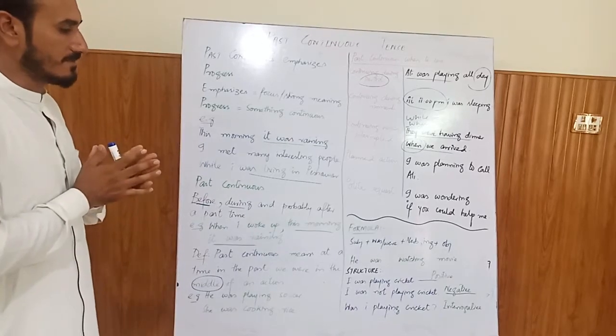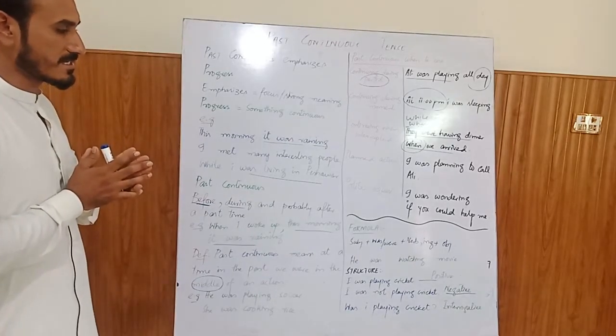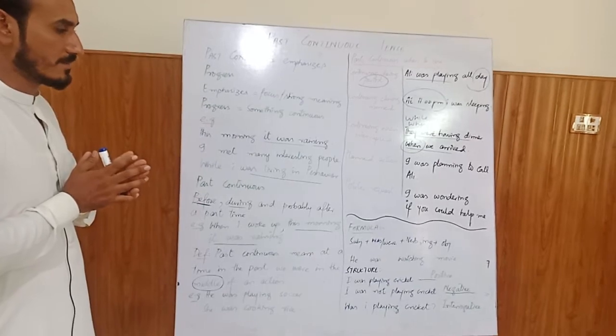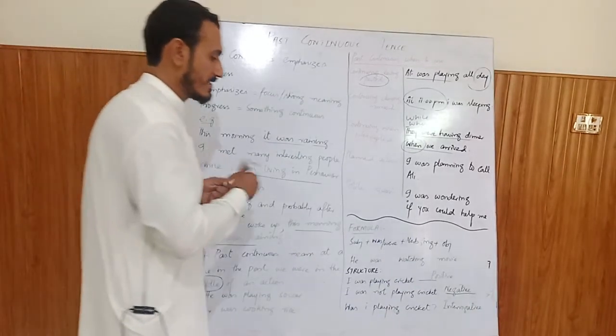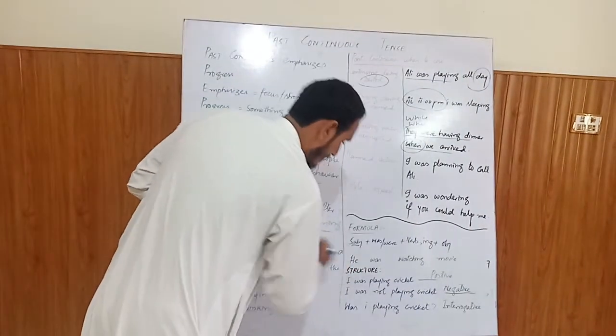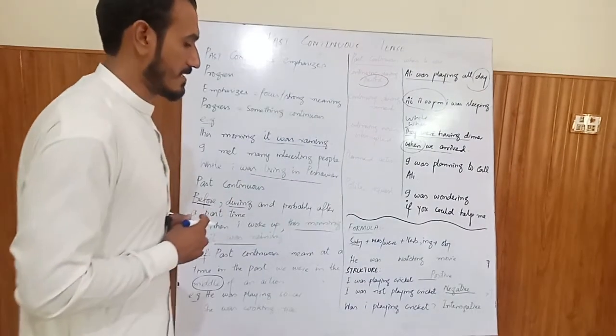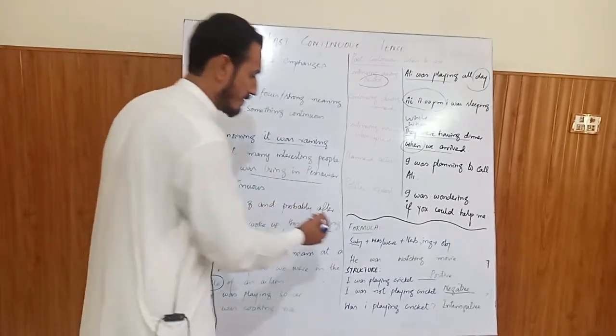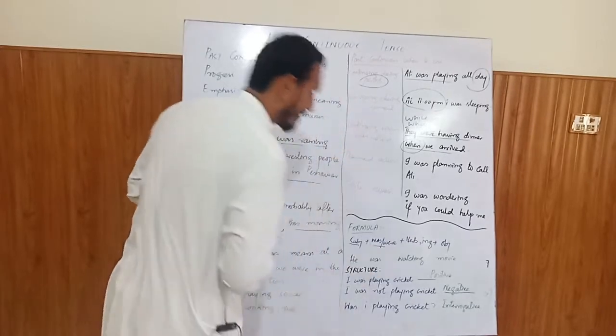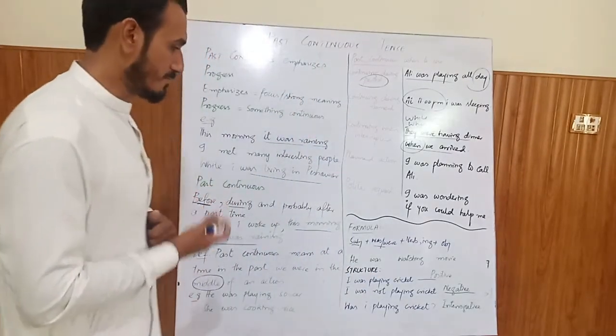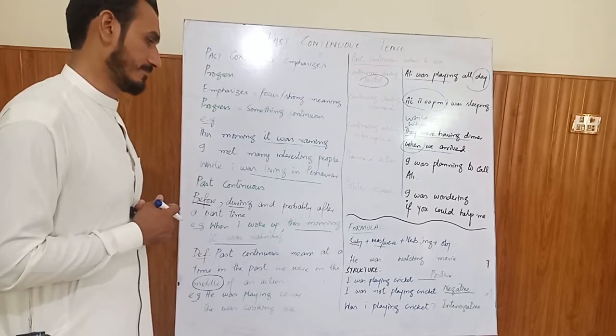Okay, what will be the formula? Formula: subject plus was plus verb plus ing. Subject, the doer of an action, is called subject, and was here is an auxiliary verb, to be verb or helping verb.